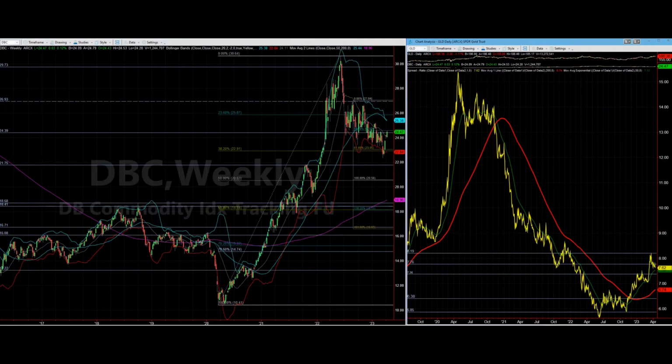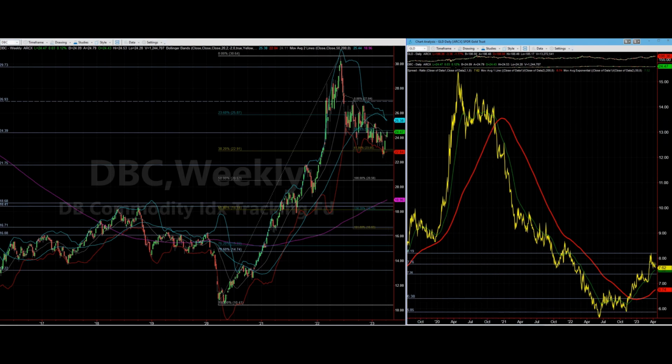DBC continues to frustrate, and it's probably one of those that you want to leave alone for the time being and let it give you better clues. Very little chance, I think, that we spike at the moment, this 25.40 level, whatever that have, 25.50 level.